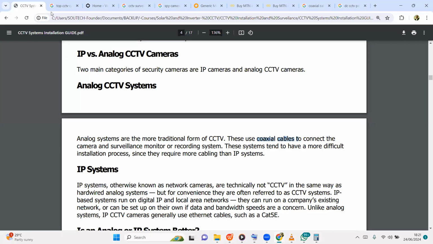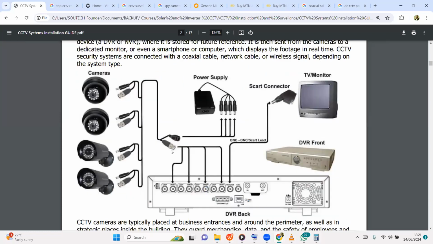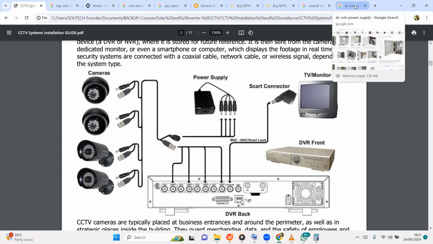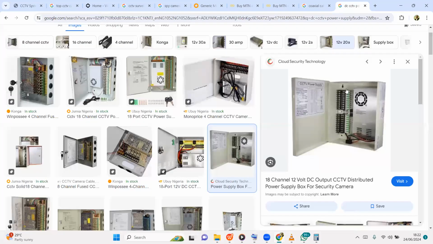It then means if you have 18 cameras, this data is going to go into this DVR, and this power is going to go into this power supply. But you see, the power supply is just for four cameras. If you start having multiple cameras, you need a power supply box like this that you're going to use to power all of the cameras, right?